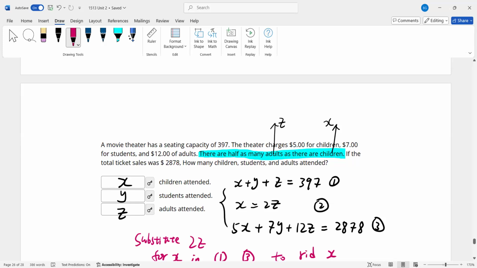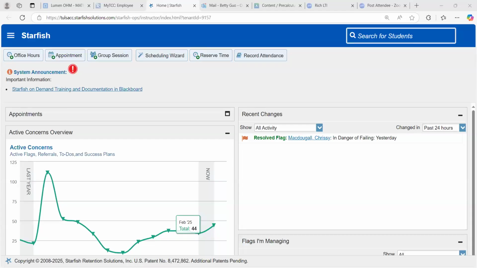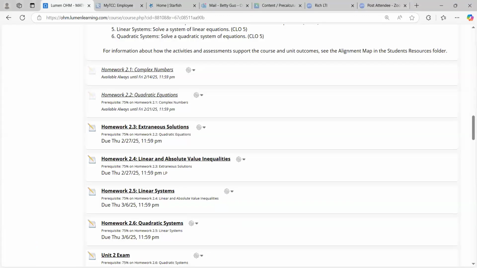Let's look at the Lumen together. I'm going to stop sharing the notes and share the Lumen web page. Are you able to see my Lumen?